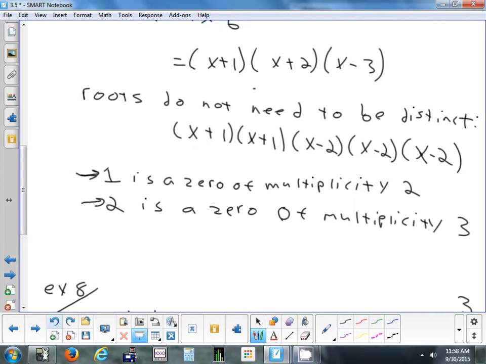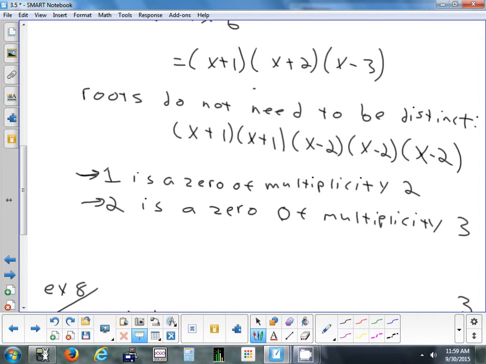Yeah, it's just that particular problem. Okay, so it's not just a rule in general? No. No, 1 is a root here just in this problem. Yeah. 2 is a root just in this problem. Is that clear? This is specific to the example right above it. Yeah. Good point. That's a good question.